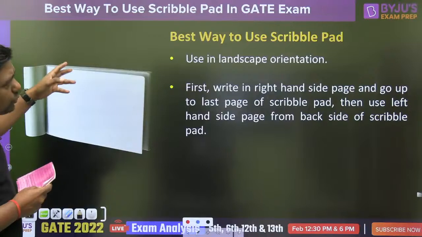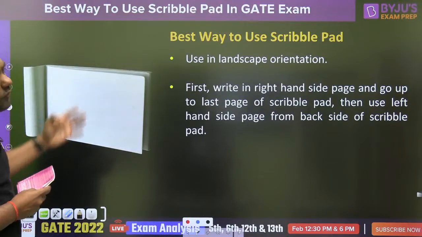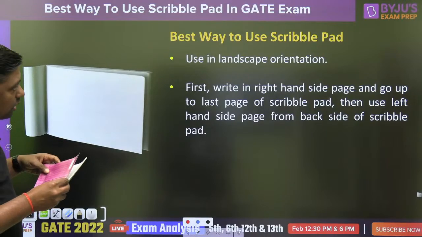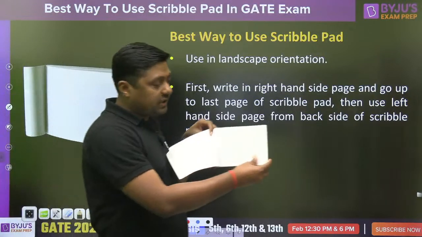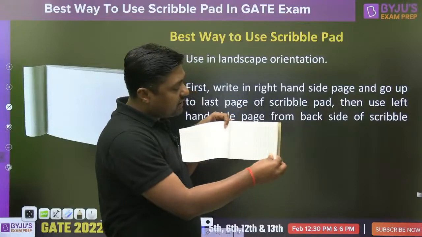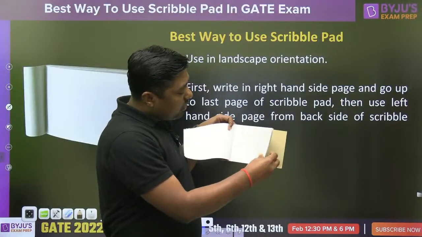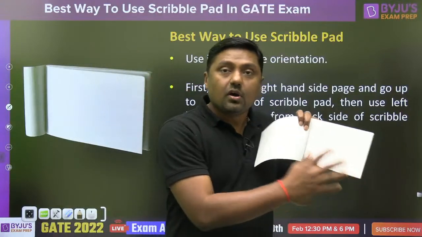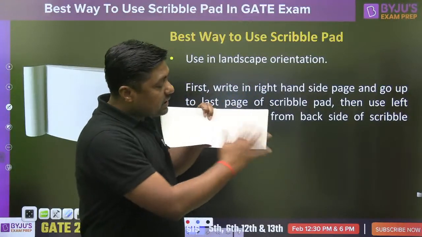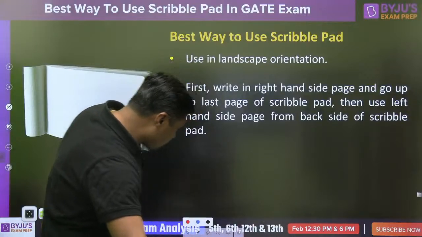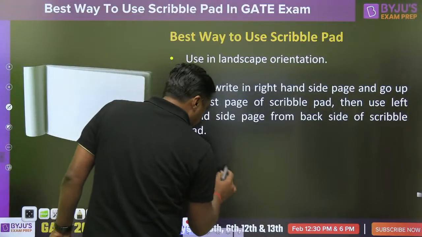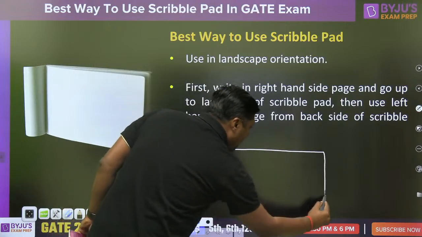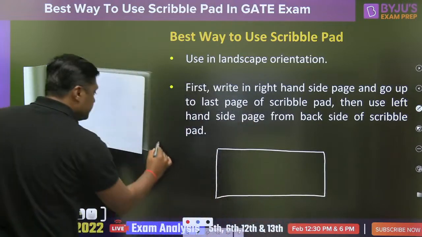The best way to use the Scribble Pad, as a number of students have already shared from experience, is in landscape orientation, like this. If we use it like this, you can save your time, because time management is very, very important. So like this we can use it, this is the page. Two ways to use this, one way or the second way.